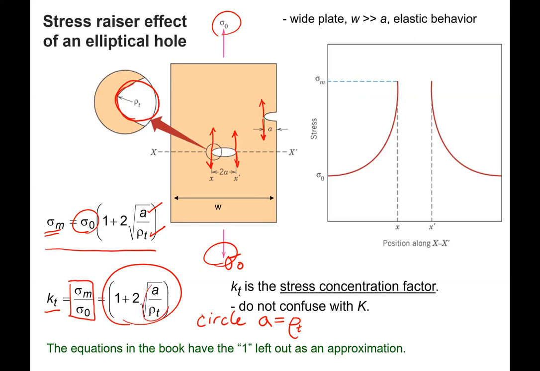And so this term becomes 1, and we'd have then that our stress concentration factor by that equation is equal to 3. So for the circle, we've got a stress concentration at those edges of 3 times the applied stress, and that's quite significant. Now, as that becomes an ellipse, as shown here, that concentration goes up. As you eventually get down to the crack, you've got extreme concentration values there at the crack tip, and we'll talk about that in a bit.